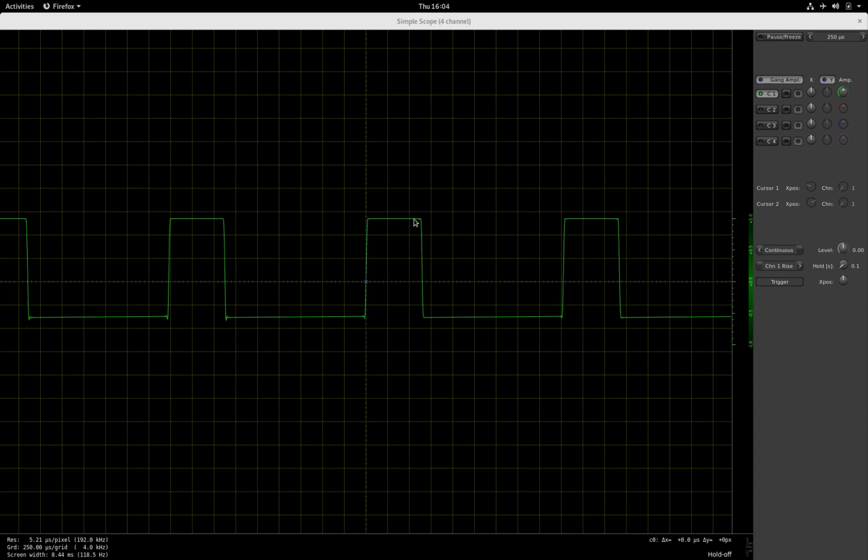So we now have a quite short positive half wave and a quite long negative half wave, and the positive half wave has a higher amplitude than the negative half wave.